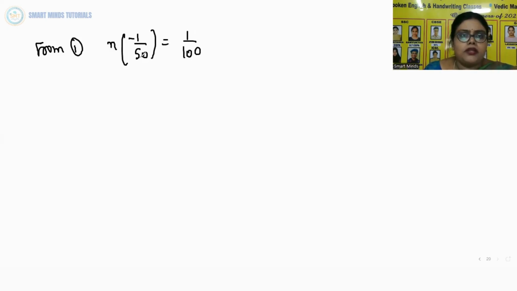Now, after getting the x value, from equation number 1, n into minus 1 by 50 equals 1 by 100. So 50 ones are 50, twos are. So n is equal to minus 1 by 2.